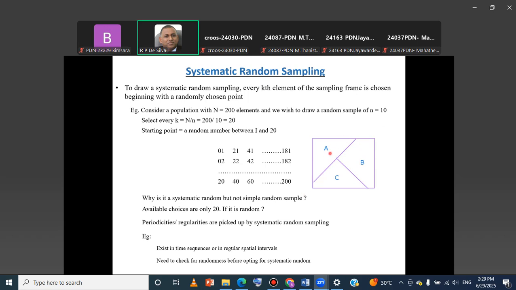But there may be other methods where you can do this easily. Can anybody give me a method to map these ABC areas properly? What can we do? Drone survey. Yes, you can do a drone survey or whatever the method.